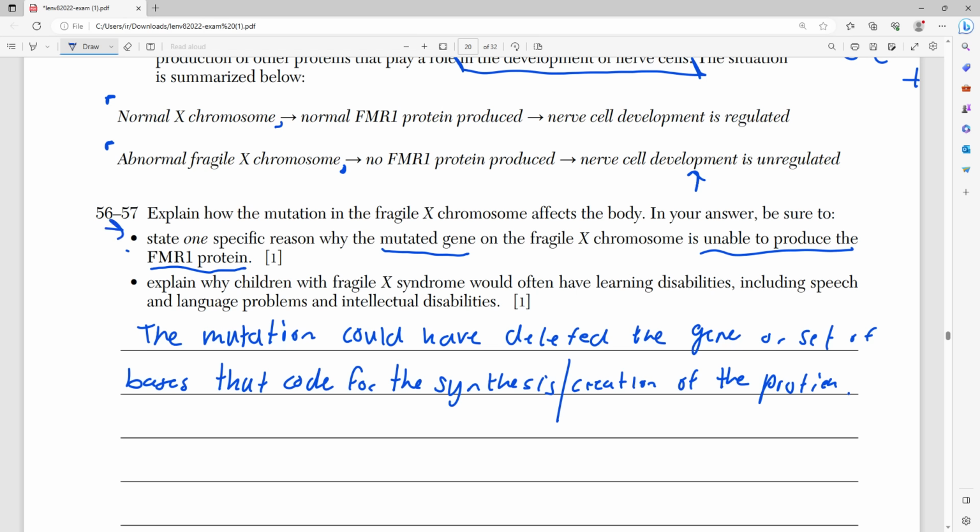Now, bullet point number two asks us to explain why children with Fragile X syndrome could often have learning disabilities, including speech and language problems and intellectual disabilities. Well, what does this mutation do? This mutation means that no FMR1 protein is produced, and that means that nerve cell development is unregulated.